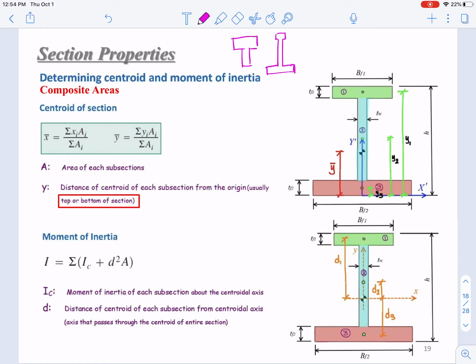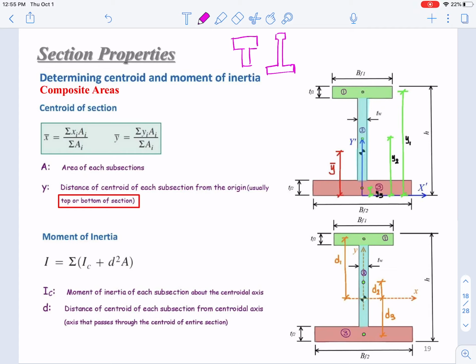Okay, the centroid of section, the location x bar and y bar can be found by these two equations, and normally we only deal with symmetric cross sections, meaning that you only need to find y bar, since x bar will always be in the center of this shape, because it's always located on the axis, right?